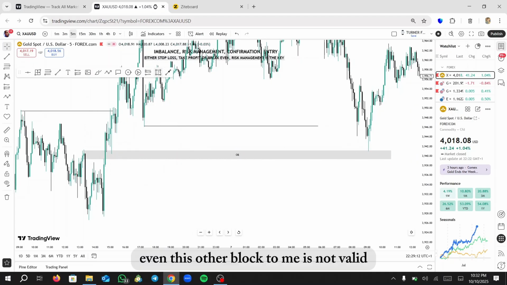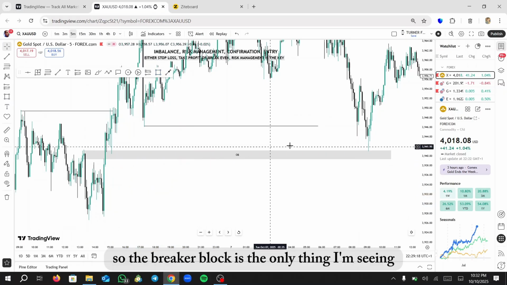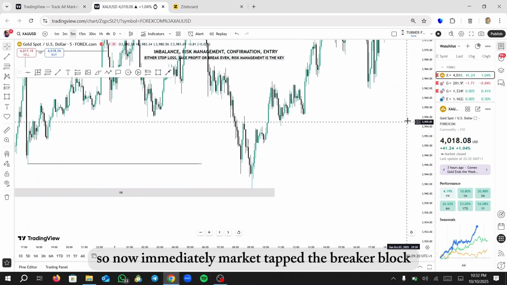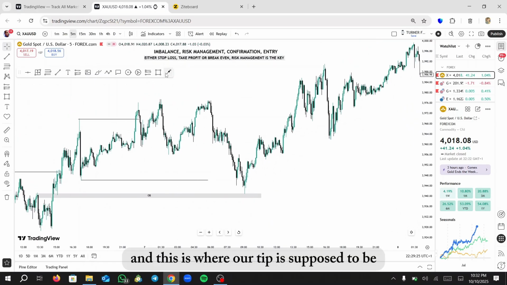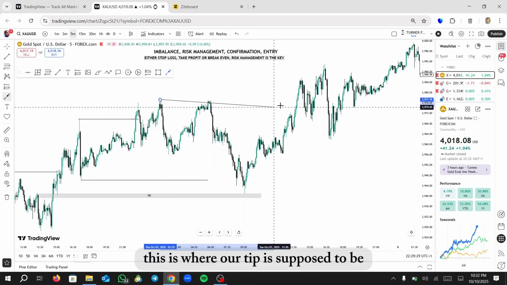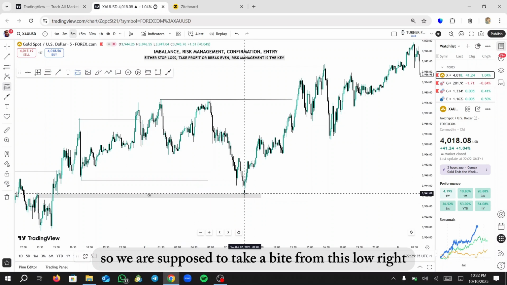Even this order block to me is not valid. I would not lie. Okay, so the breaker block is the only thing I'm seeing. So now immediately the market tapped the breaker block, the market started buying, right? And this is where our TP is supposed to be. So we are supposed to take a buy from this low, right?